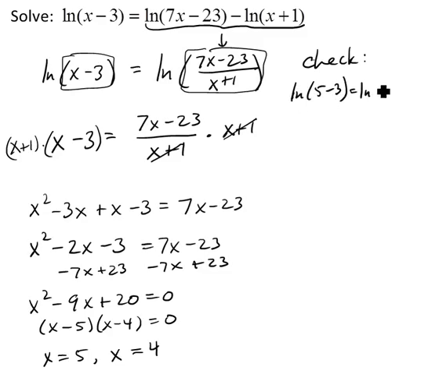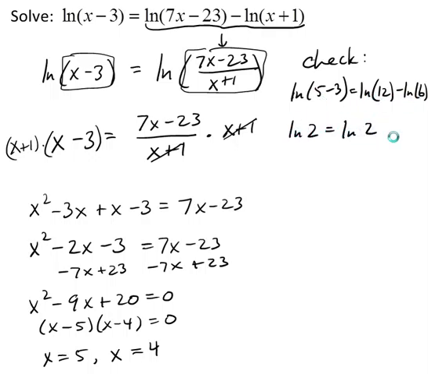And on the right side there, I get natural log of 7 times 5, which is 35, minus 23 would be 12, minus a natural log of 5 plus 1, which is 6. So the 5 minus 3 is 2. And using the quotient rule on the right, I'd get natural log of 12 divided by 6, which is 2. So that works out.